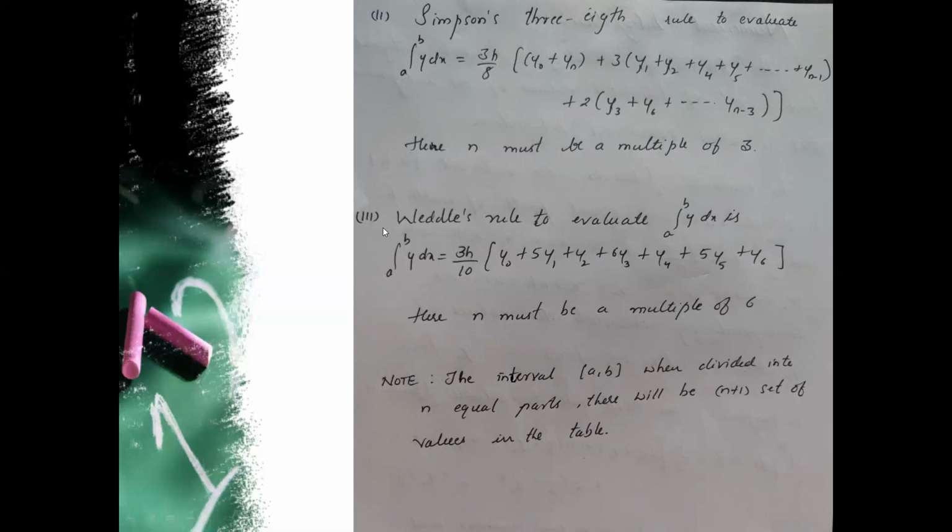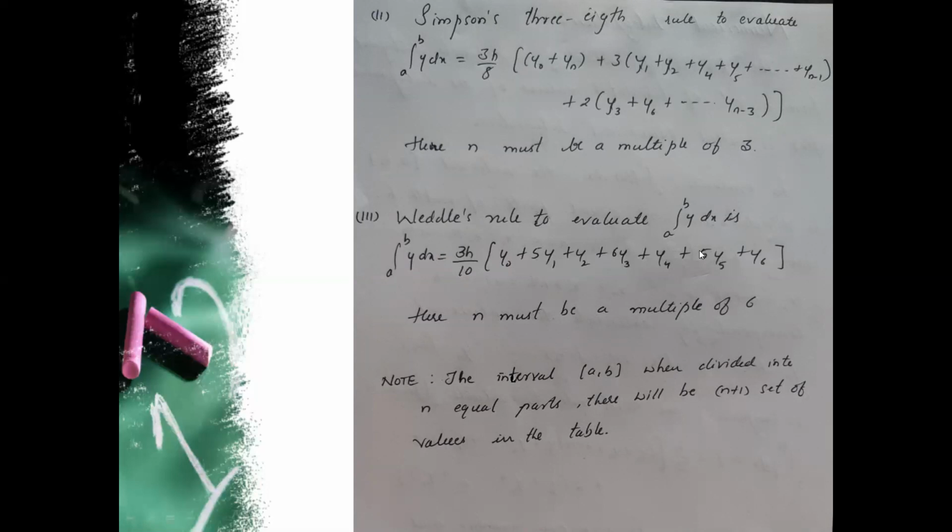Now let us move on to the next, that is Weddle's rule to evaluate a definite integral. So it goes as 3h by 10. For 1/3 it is 1 by 3h, for 3/8 it is 3 by 8h, but for Weddle's it is 3 by 10 into h. Now here the values are y0 plus 5y1 plus y2 plus 6y3 plus y4 plus 5y5 plus y6.